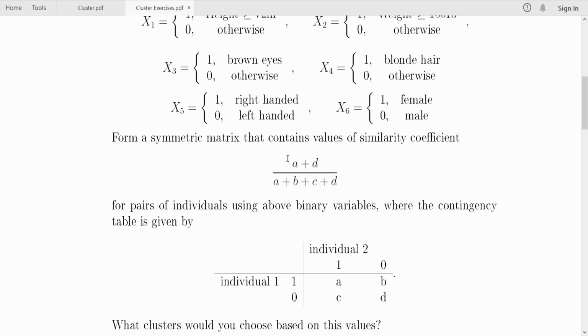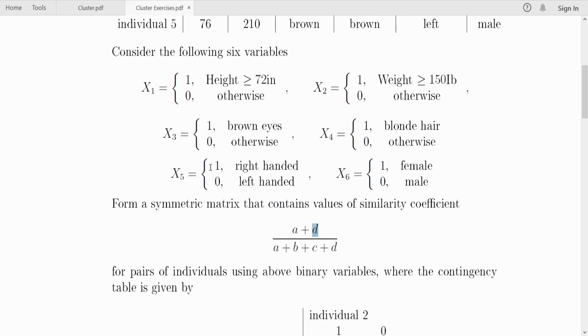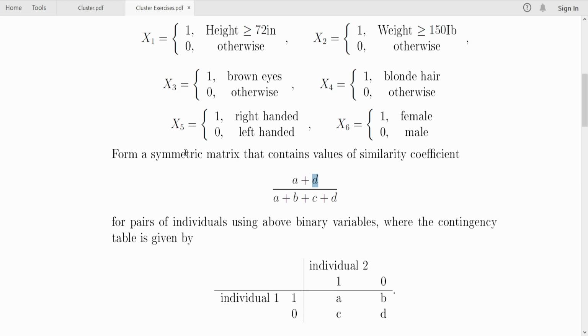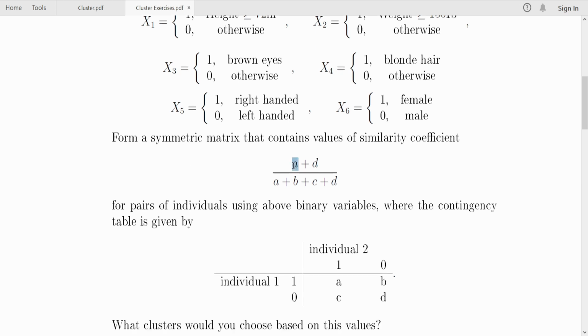Usually the indicator a is higher than d. So if two individuals have some specific characteristic, it is more likely that those two individuals are similar. So that's why sometimes we want to remove d.